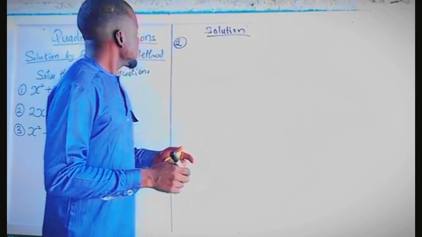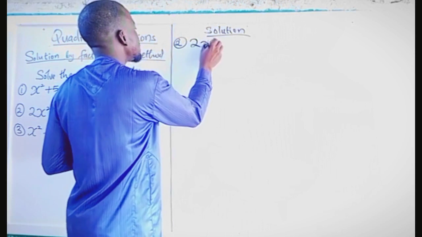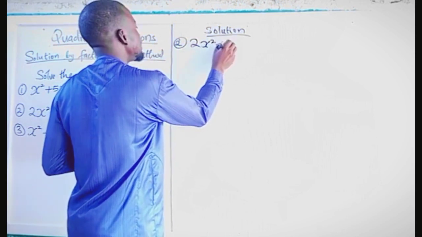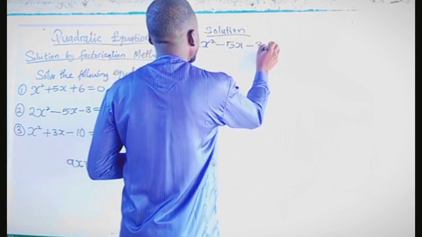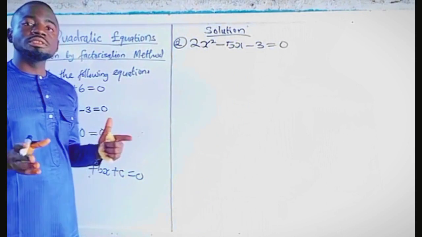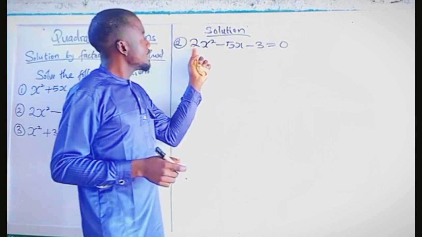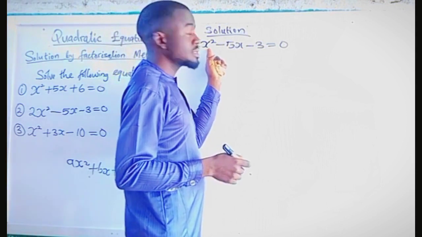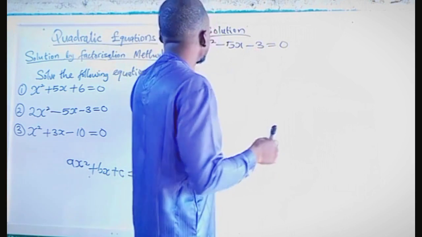So example number 2 says 2x squared minus 5x minus 3 equals 0. Just the same way we did in the first example, we are going to multiply the first term, 2x squared, by the last term, that is the constant term.